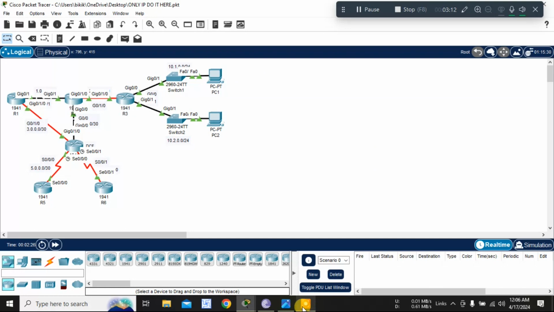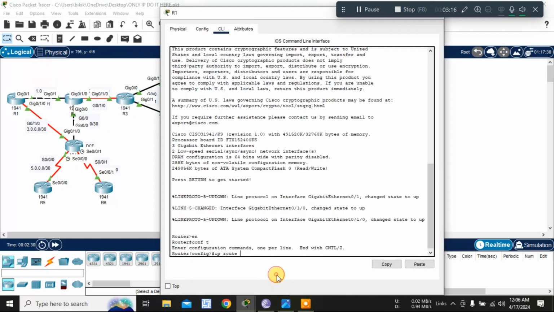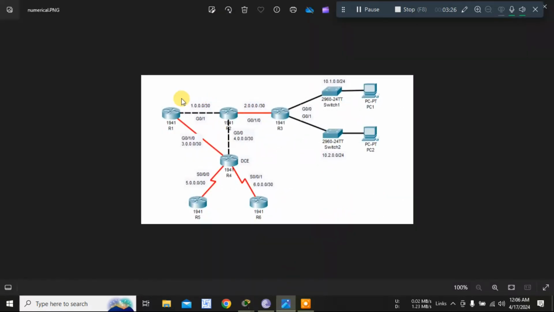So here I will provide ip route. No, before typing the network IP address, I need to first of all show you clearly what I will be typing here. See, this is router 1. This router 1 is connected to network number 1 and network number 3.